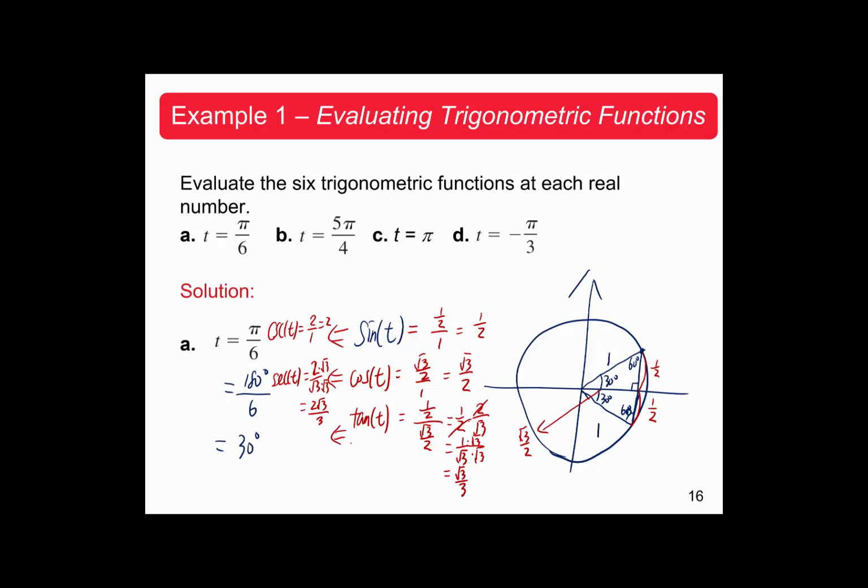And then cotangent t is the reciprocal of tangent t, so you find the reciprocal of this, so it's radical 3 over 1. It's easier to use this to do a reciprocal. That's why we get that. This is basically how you draw the unit circle and go from there.